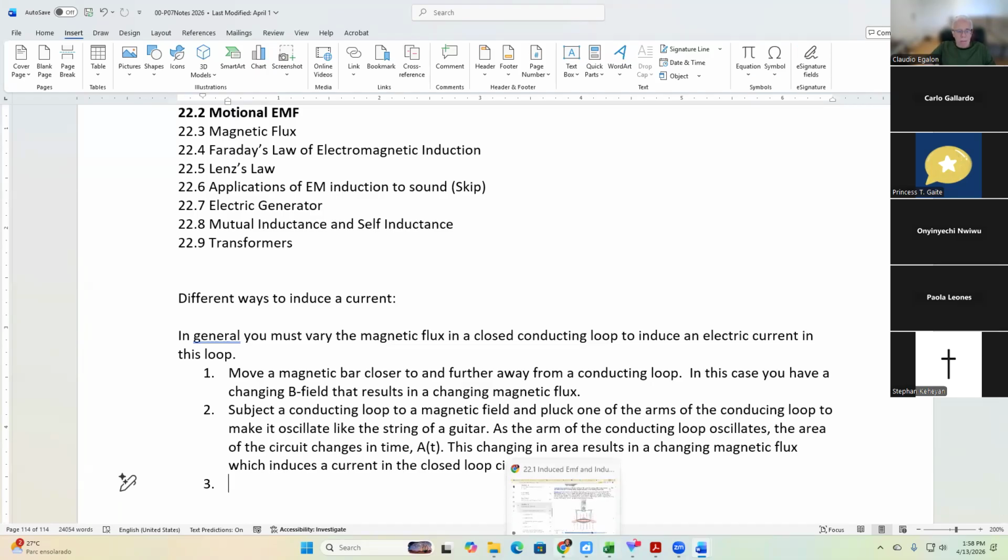We can call that a type of motional induced EMF.